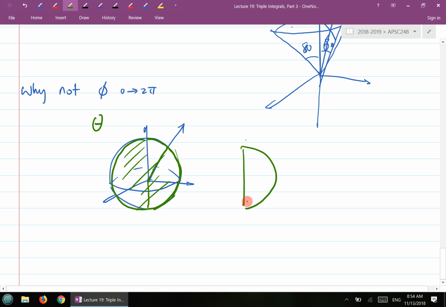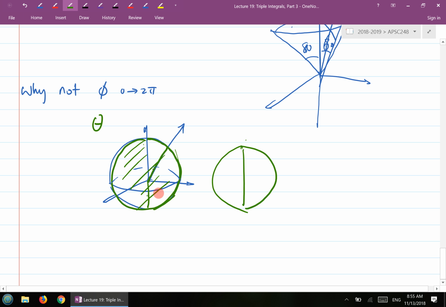A sphere, right? But if it's a full circle and you rotate 360 degrees, now what do we create? A torus? A donut? Well, no, I don't think you can create a donut. You create the sphere twice, basically, right? So that's the redundancy we're talking about.